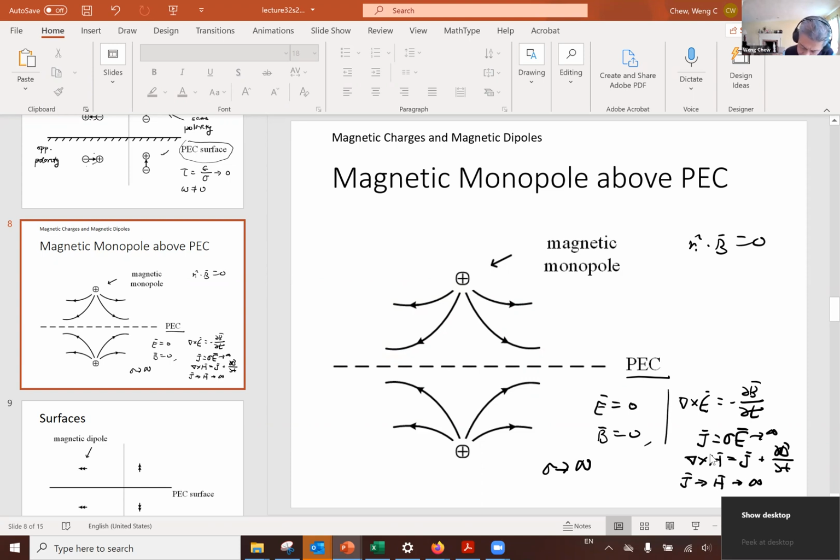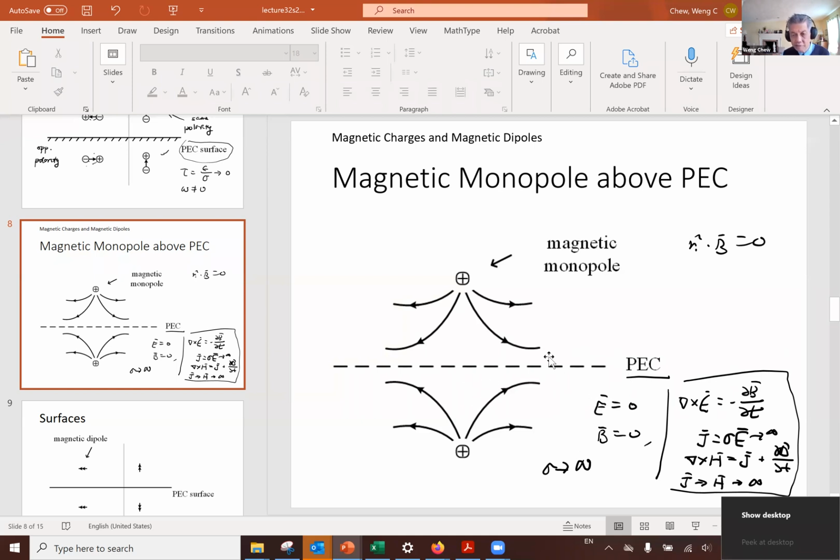So the whole process is not stable. You see that if there's a small amount of electric field or magnetic field inside the conductive medium, it will produce infinite current. The infinite current in turn produces infinite magnetic field, and that will give rise to an unstable situation. So the only way for the electric field and the magnetic field to exist inside a perfect electric conductor is for both of them to be zero.